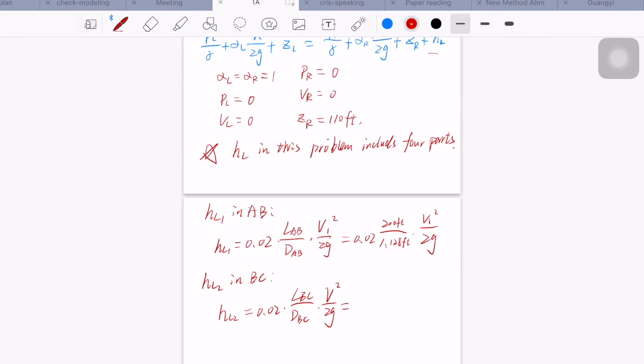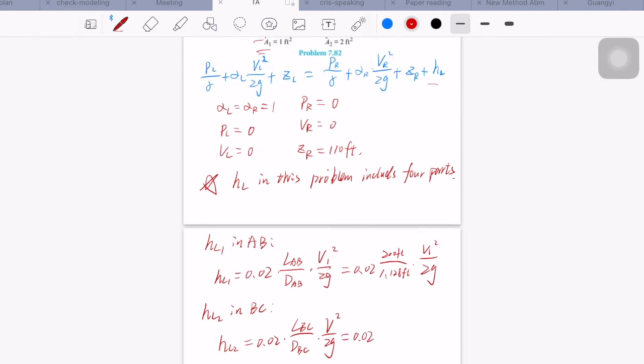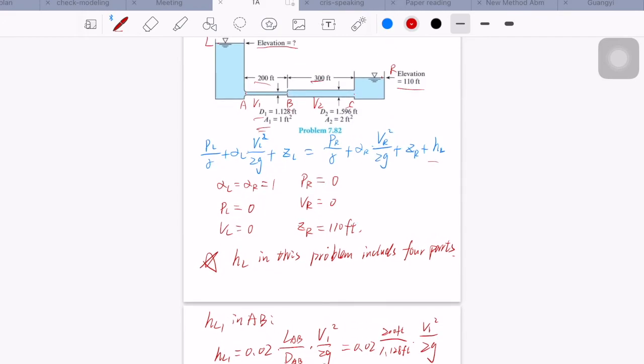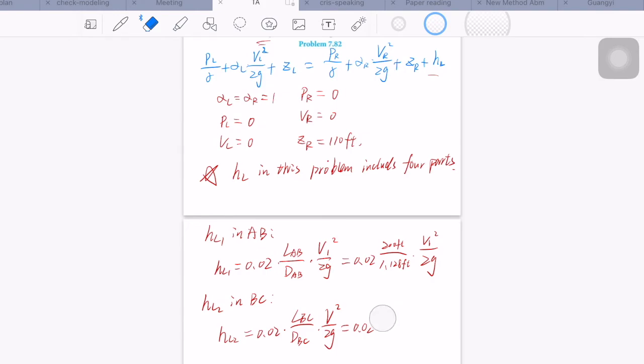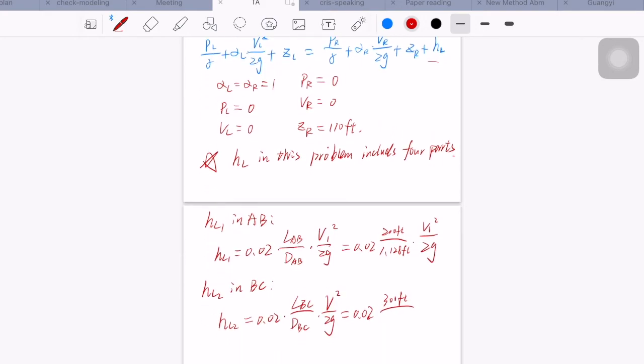So it equals 0.02 times 300 feet over the diameter, 1.596 feet, times V2 square over 2g.